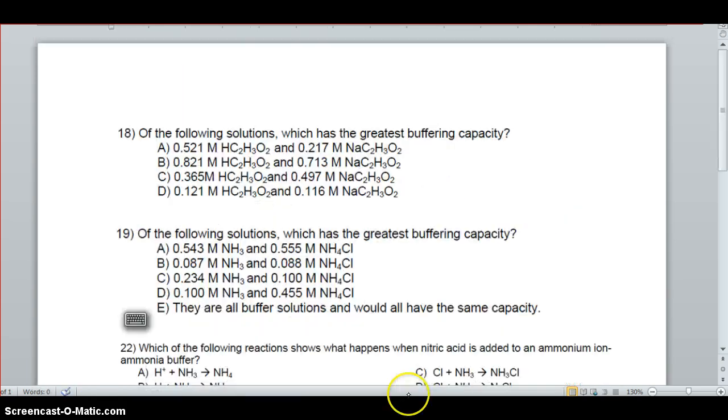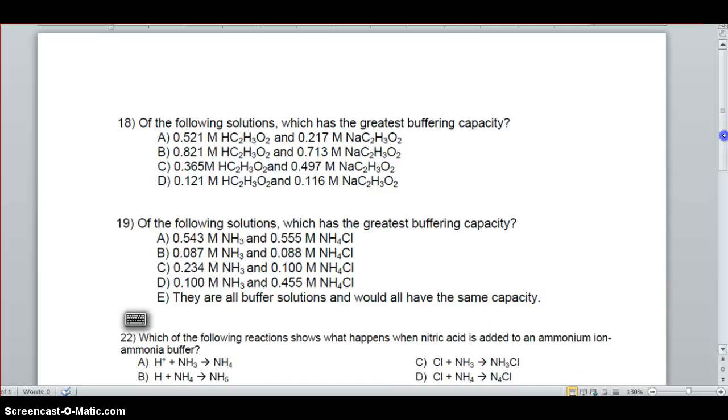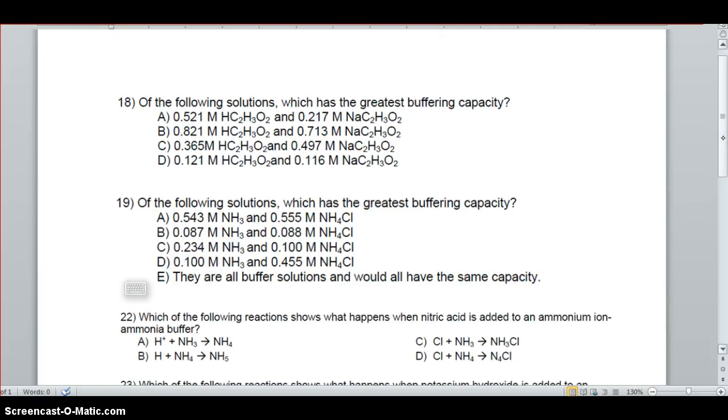Alright, so let's flip to some of the practice. So this starts out 18 and 19 similar questions saying, of the following, which has the greatest buffering capacity? Now they haven't made it tricky in the sense that they've given you the same weak acids and the same salts, which is great, because then you're not having to compare apples to oranges. So it's good when the concentrations are equal, but we also want the concentrations to be high.